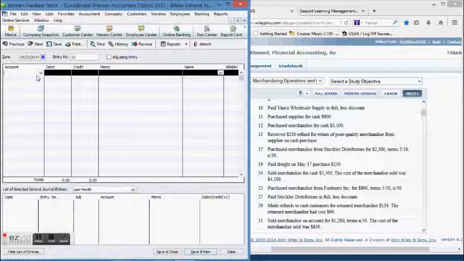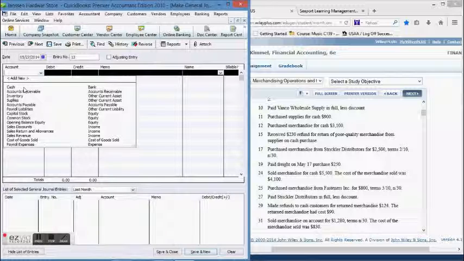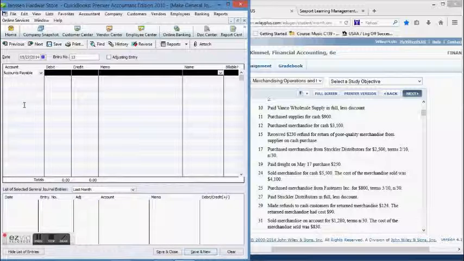May 27th. We pay Strickler Distributors in full, less the discount. Remember, we purchased it for $2,500, terms 2/10.